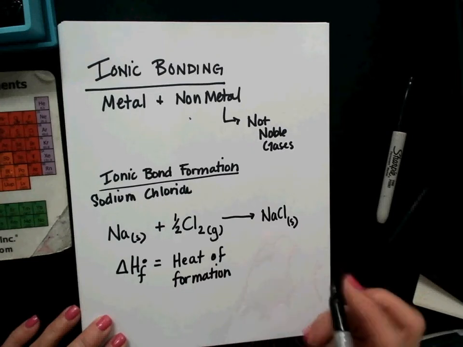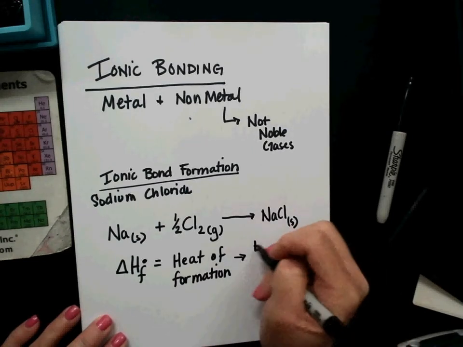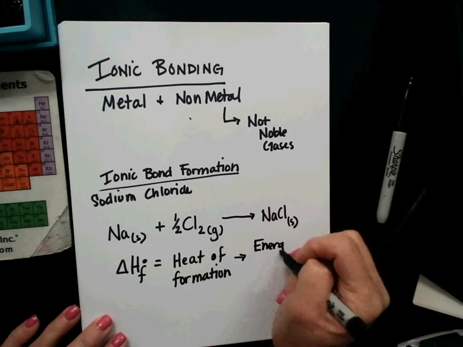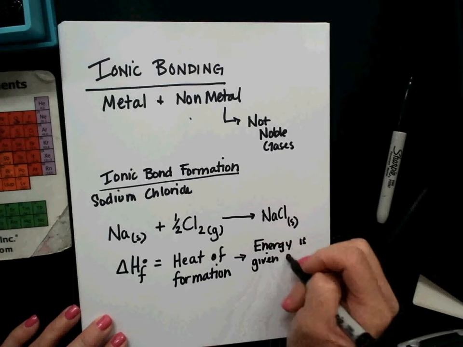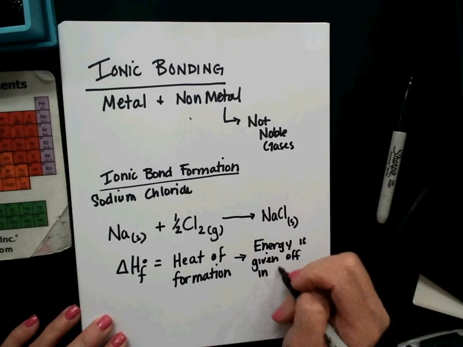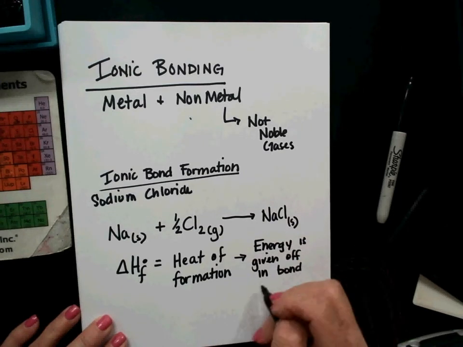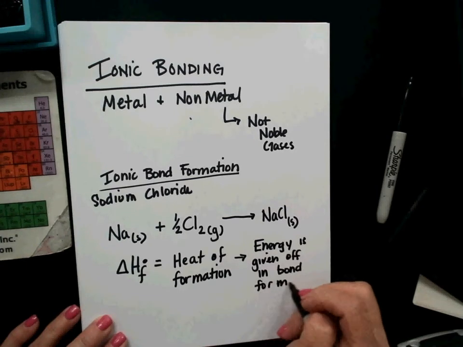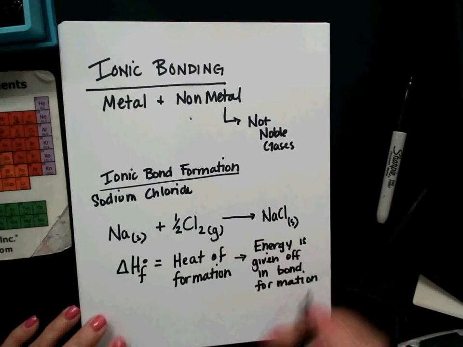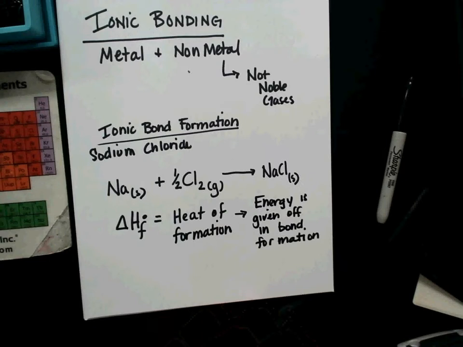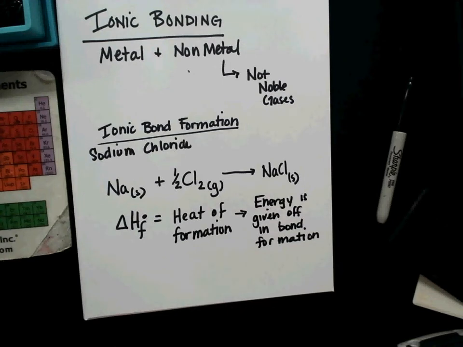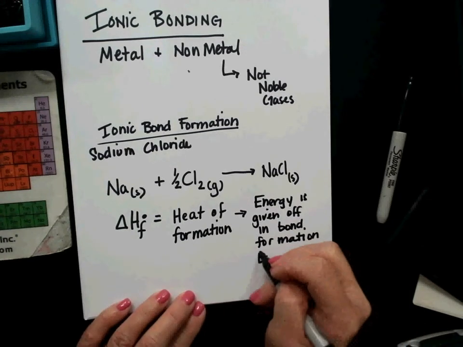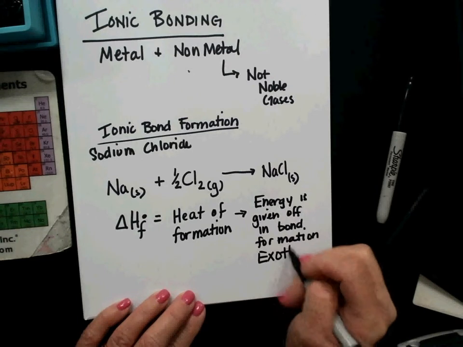So that means that energy is given off in bond formation when we're talking about ionic bonds. If it's given off, is it exo or endothermic? Good. So this is exothermic.